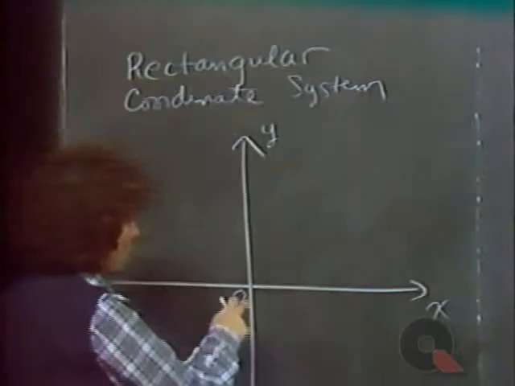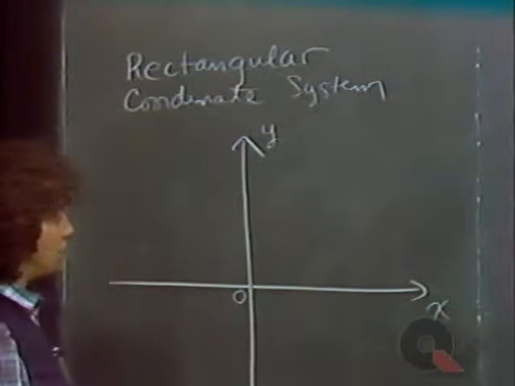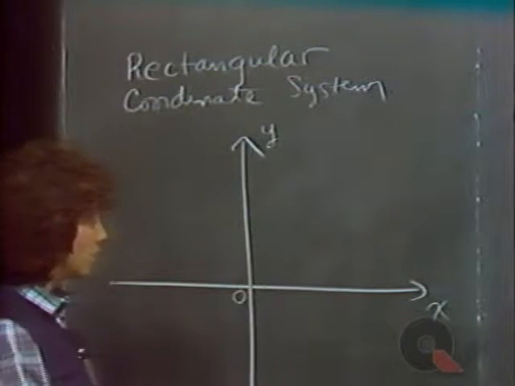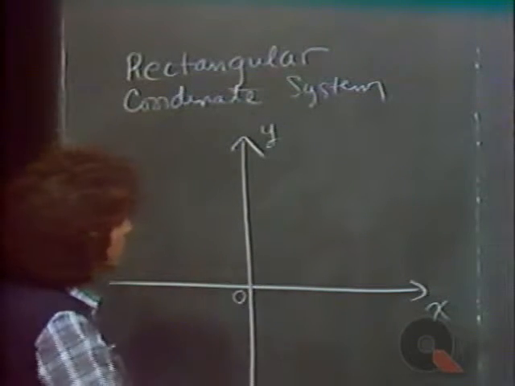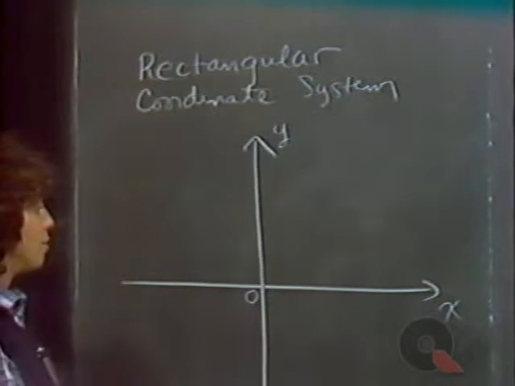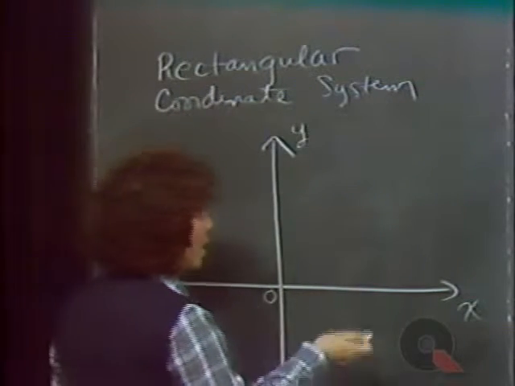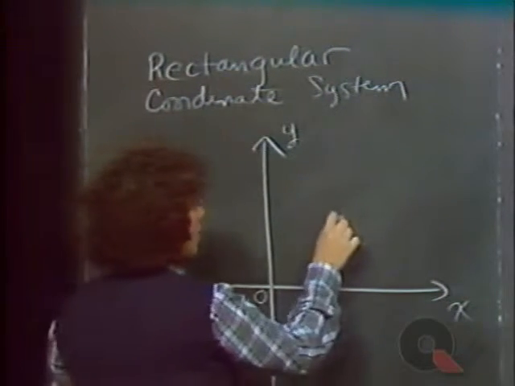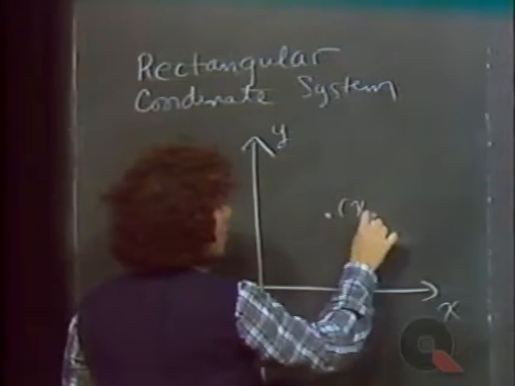If you can imagine a man standing at the origin, and he is given a pair of coordinates to send him to some point in the plane, you could think of the pair of coordinates as an address of the point that he's going to. So he wants to go over here.